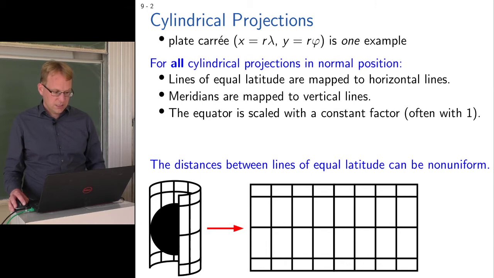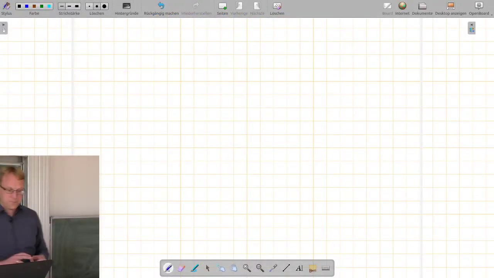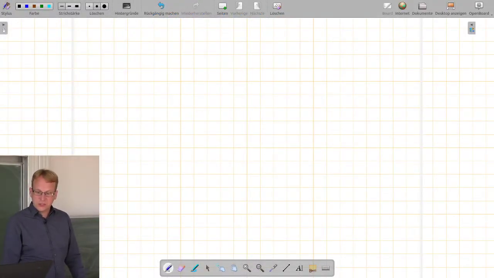I'm moving over to the whiteboard for that. Just to show you that in fact there are different cylindrical projections, and you can see immediately, from the pattern of meridians and lines of equal latitude, whether it's a cylindrical projection or not.